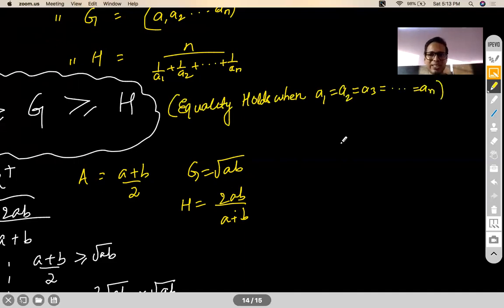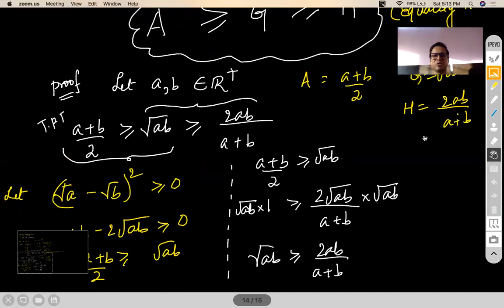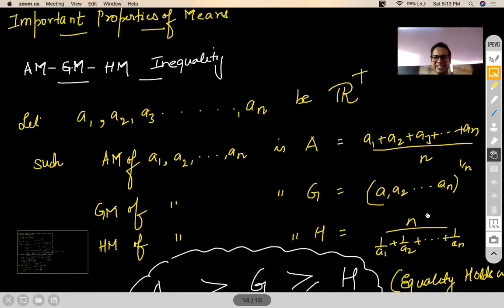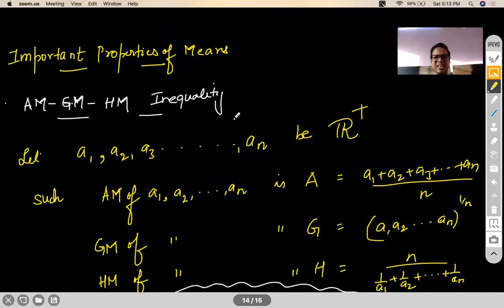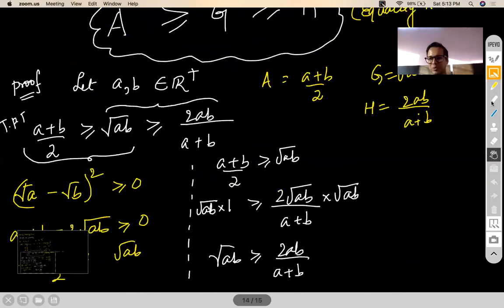So when all these quantities are equal, arithmetic mean, geometric mean, harmonic mean will be the same. Is that fine? This is theorem number 1. We'll come back and take a lot of questions on this, but let me take the other important properties. I hope there is no doubt about it.